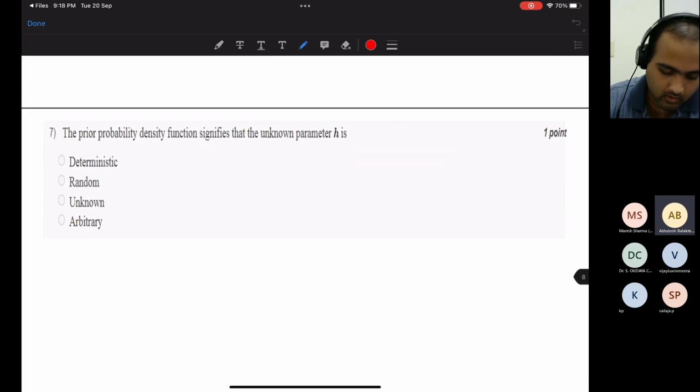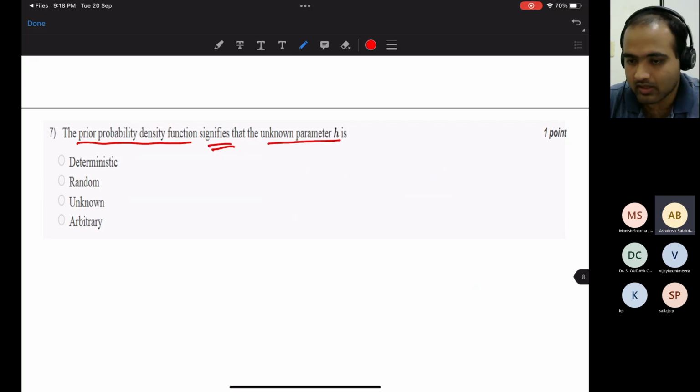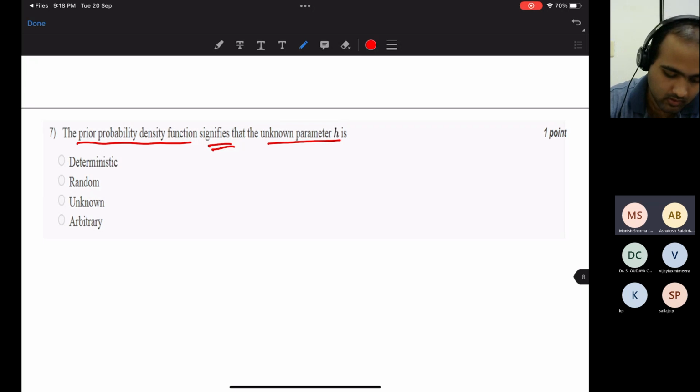The prior PDF signifies that the unknown parameter is what? Anyone wants to answer this? Manish, can you answer? Sir, I think this is random. It's random, correct.